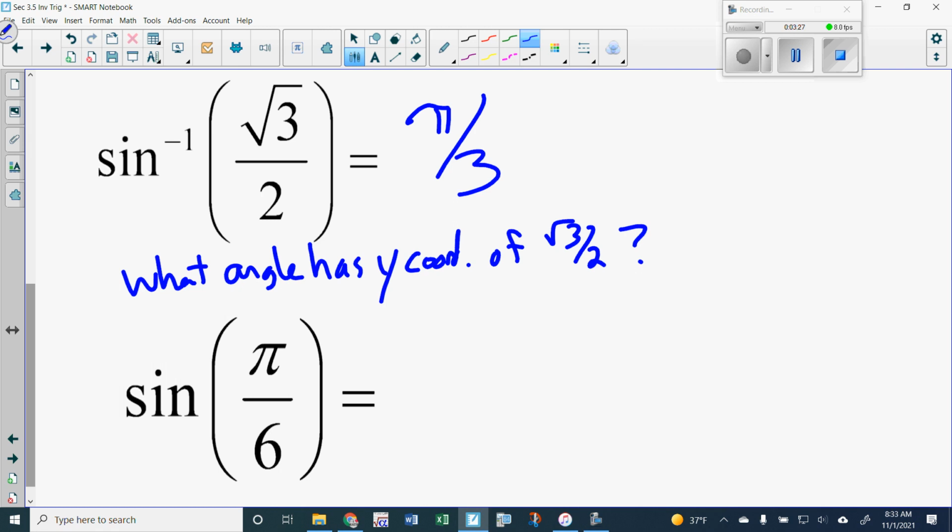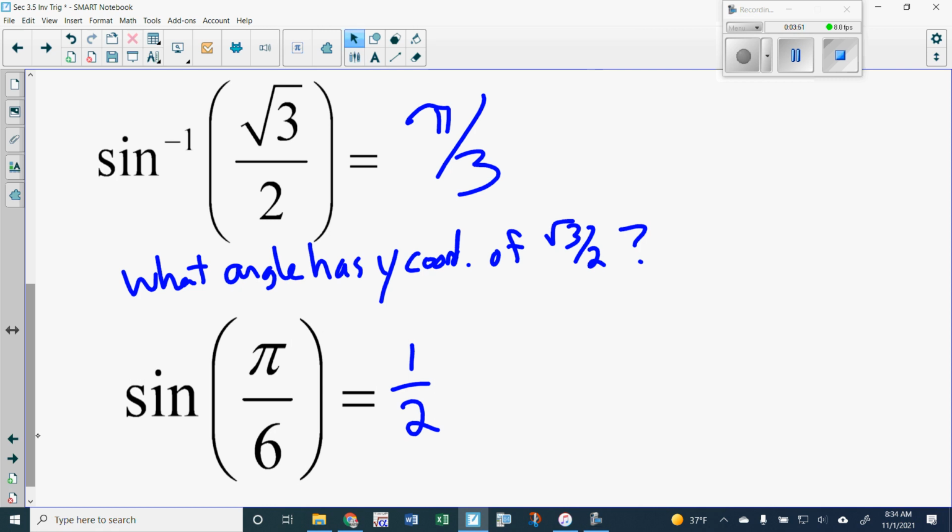So what happens if I had sine of pi over 6? Is that inverse? No. So that would just be, what is the y-coordinate for that angle? And what is pi over 6 in degrees? 30. So what is the y-coordinate at 30? Okay, so these are our two kinds of problems.